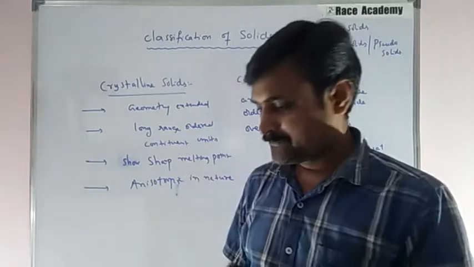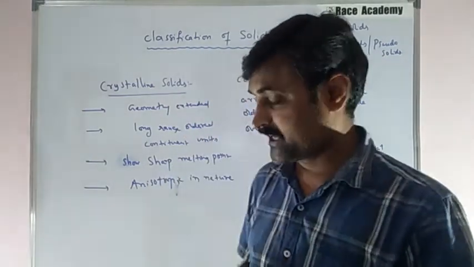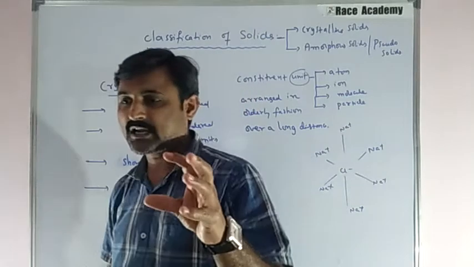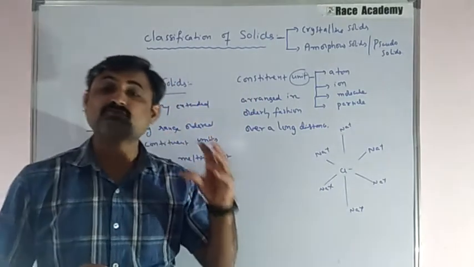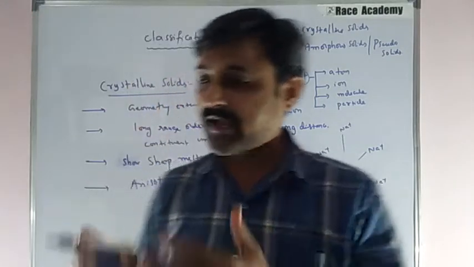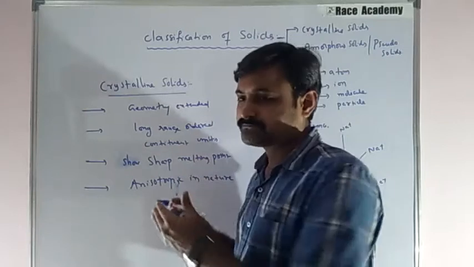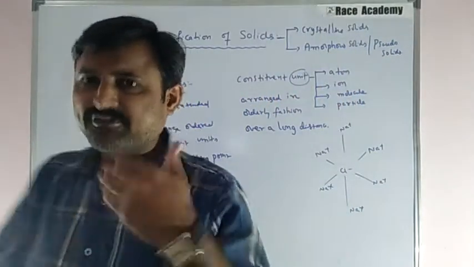It refers to the physical properties of crystalline solids. For example, if you take thermal conductivity, electrical conductivity, or refractive index, these values are exhibited by crystalline solids differently in different directions. They will exhibit different values.